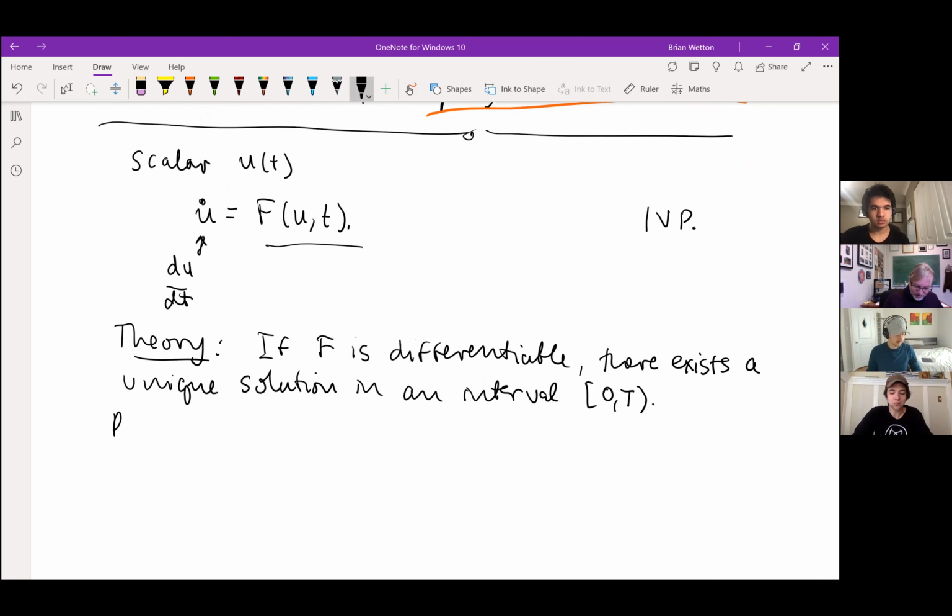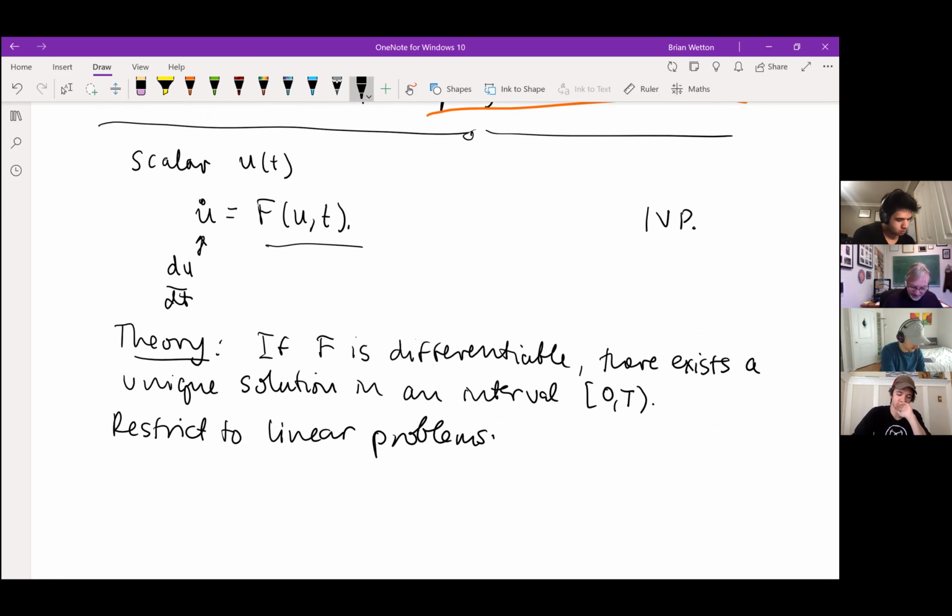So let's restrict ourselves now to linear problems. Okay, so that's u dot equals, now I'm going to allow for some time-dependent coefficients in the linear problem, a of t times u, plus f.